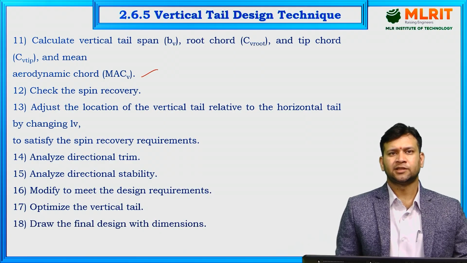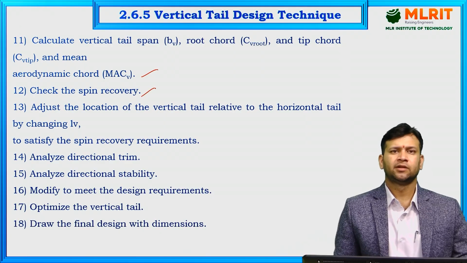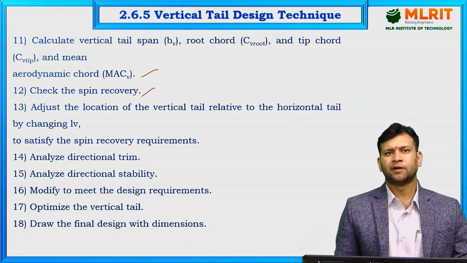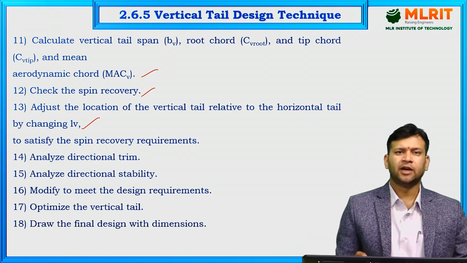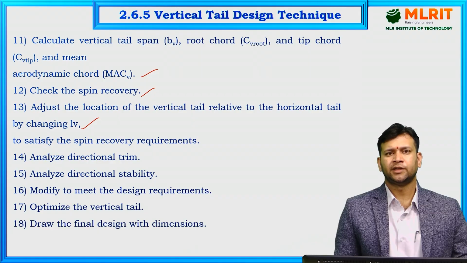Then the tail is tested for spin recovery. After spin recovery testing phase is done, adjust the location of the vertical tail relative to horizontal tail by changing the tail moment arm to satisfy the spin recovery requirements.